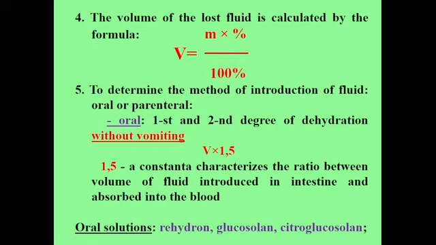If the person has vomiting, even in the first degree, for some reason, for example, toxic foodborne infection, when vomiting prevails, until vomiting stops, you give this intravenously. Oral solutions that we can give are rehydron, glucosalan, citroglucosalan.